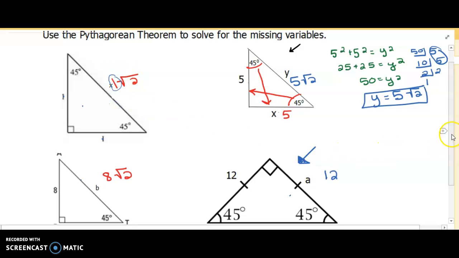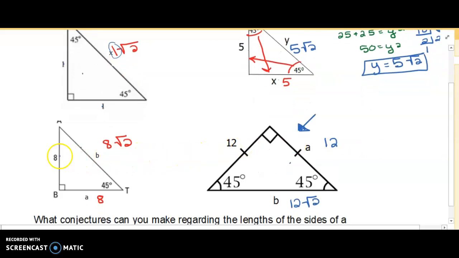It's the same thing. Down here, if you do the Pythagorean theorem, you have 8, 8, and 8 square root of 2. And then over here you have 12, 12, and 12 square root of 2. So if you go over all of these, what you should notice is this square root of 2 on the hypotenuse, and then the first number on the hypotenuse is always the same as the leg. Okay? So hopefully you notice that.